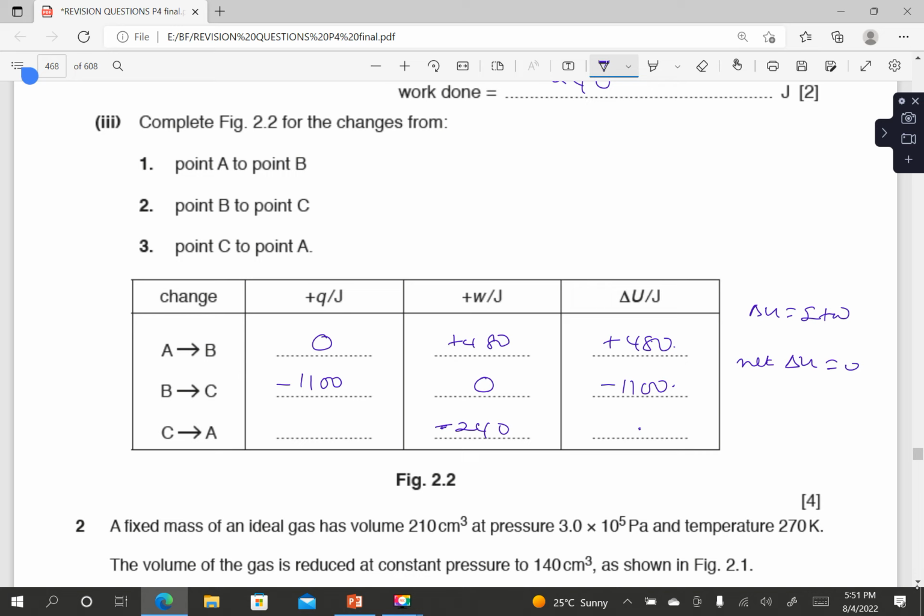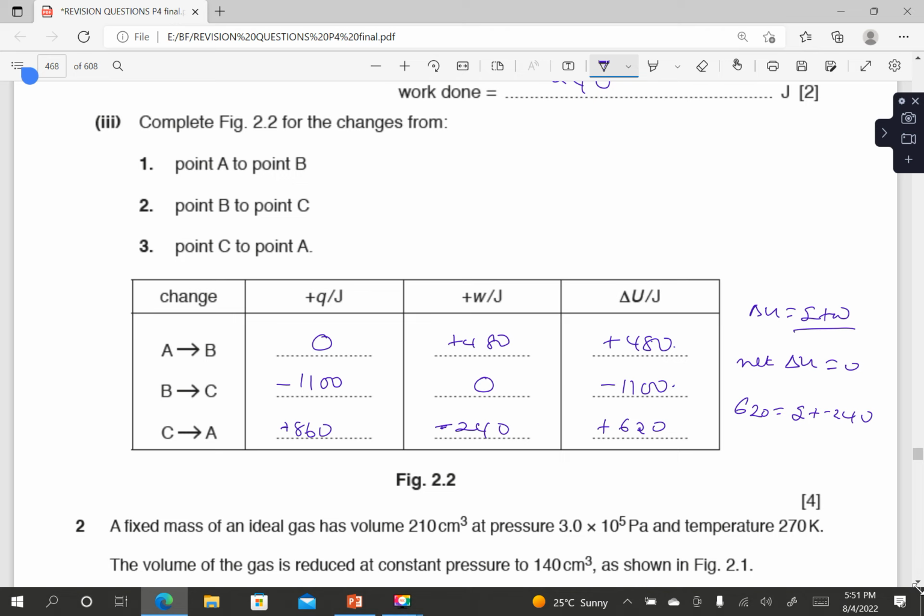I am getting this as positive 620. Then I move backwards using this first formula. This change in internal energy is 620. This should be equal to Q plus negative 240. So this is giving me a positive 860 joules. So you just play around with the law and then you arrive at the answer.